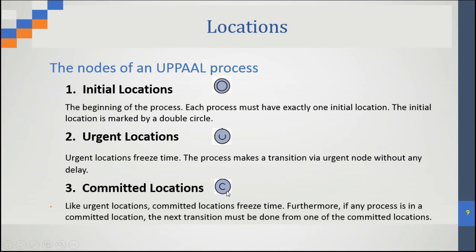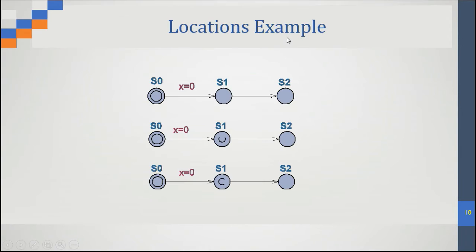The committed location is exactly an urgent location. That means time is frozen, but there is one more thing: the next transition must be from a committed location. We will see the use of these types of locations.